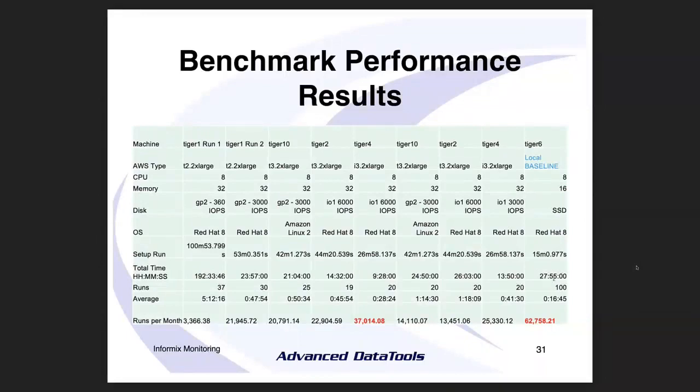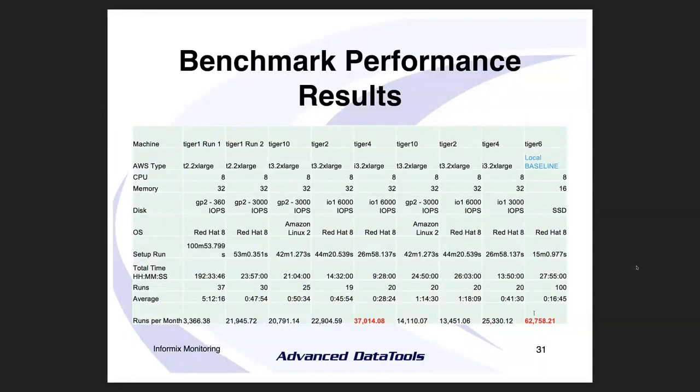That was my baseline. I cut the script down just to do 20 runs so I could get some numbers here. And then what I did is I said, okay, based on the time it took, how many runs could I do in a month?